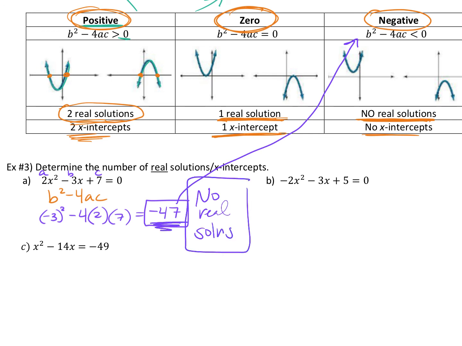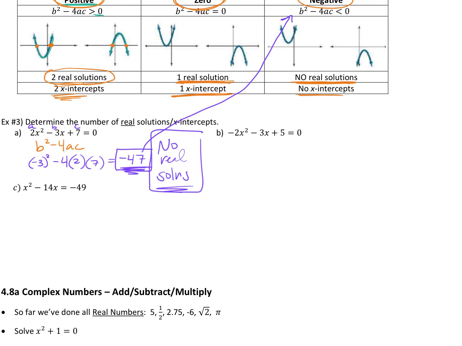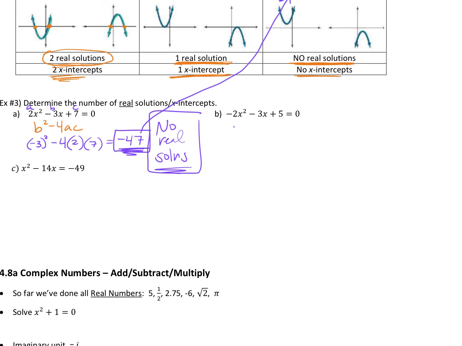Okay, so I want to know the discriminant and I want to know how many solutions from that. All right, so again, b squared minus 4ac, that would be -3 squared minus 4 times -2 times 5.